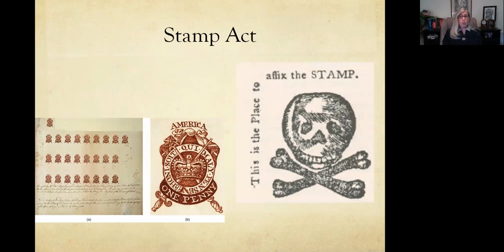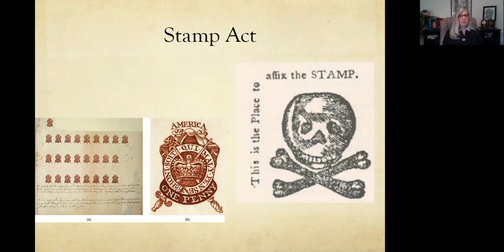The Stamp Act requires that all paper products, whether it is a college diploma, a newspaper, a legal document of some sort, like a marriage contract or a land deal where you've got a land deed that's being printed, even playing cards. If you're going to play poker, you better have a deck of cards with the appropriate stamp on the paper that's on the card.